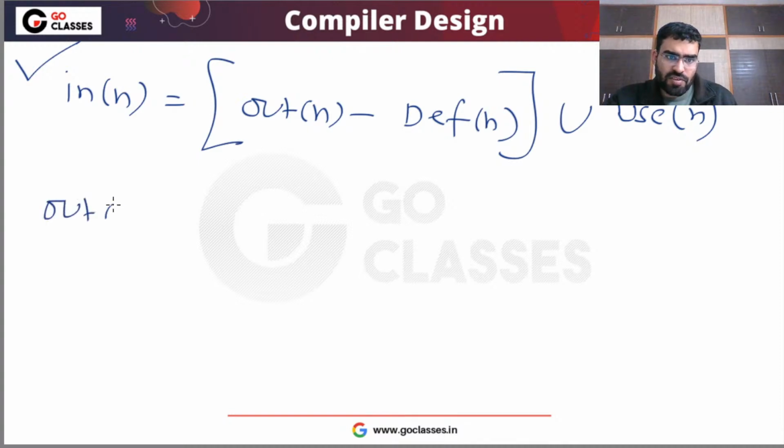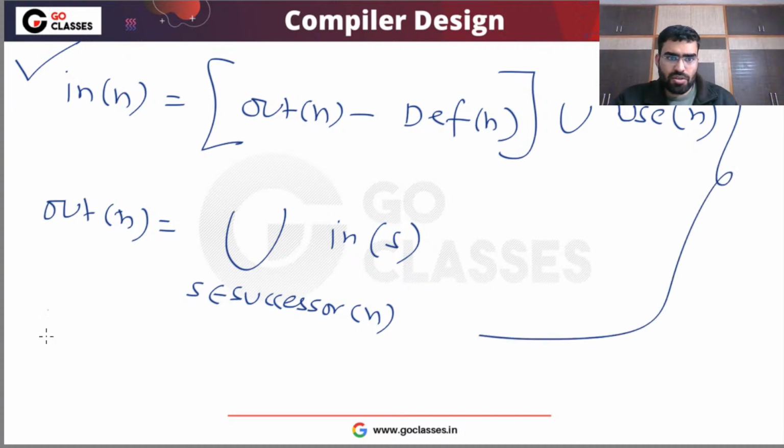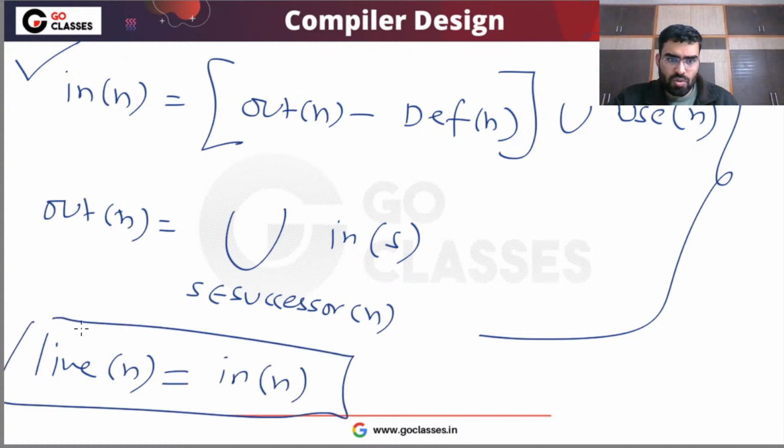Another important equation is out of n, which is the union of in of s, where s is a successor of n. These two equations are very important. And you can notice that live of n means live at n, which is simply the same as in of n.